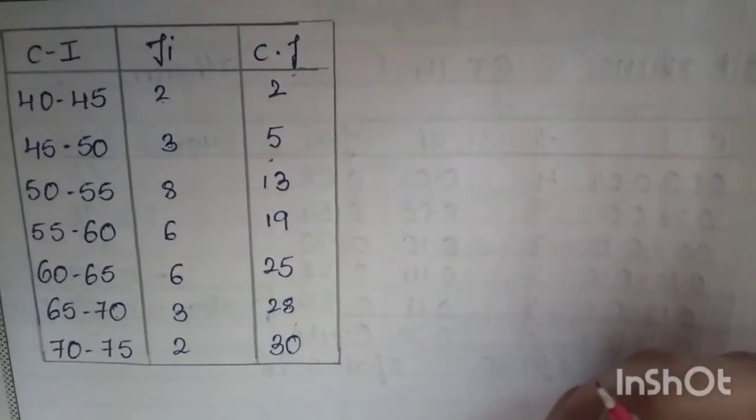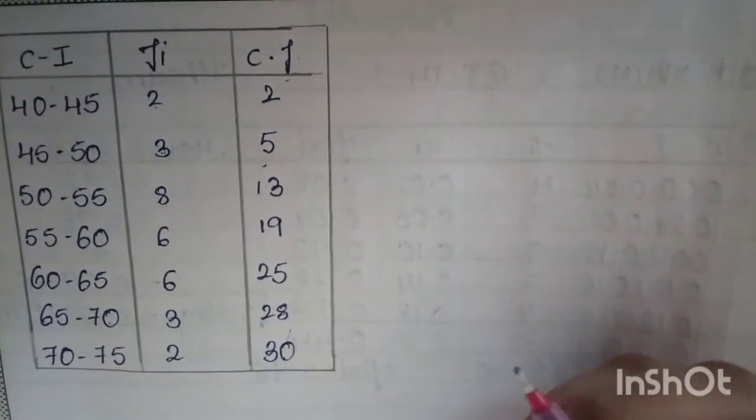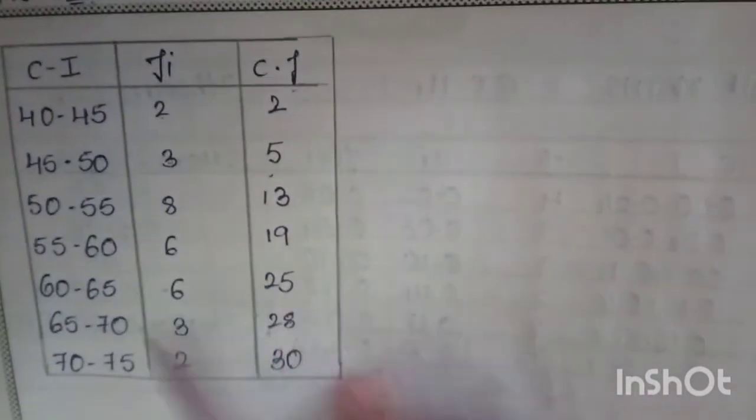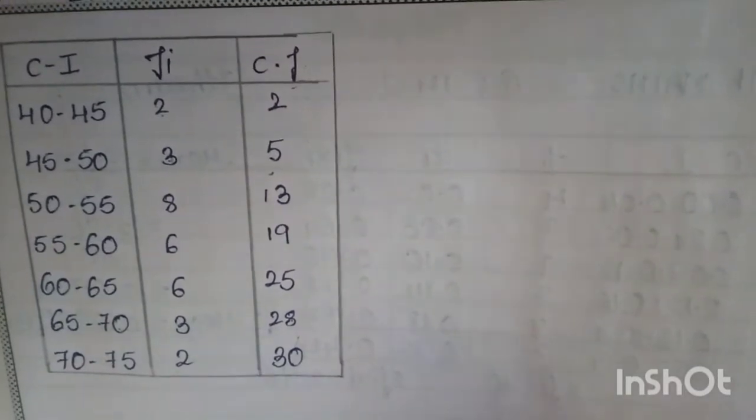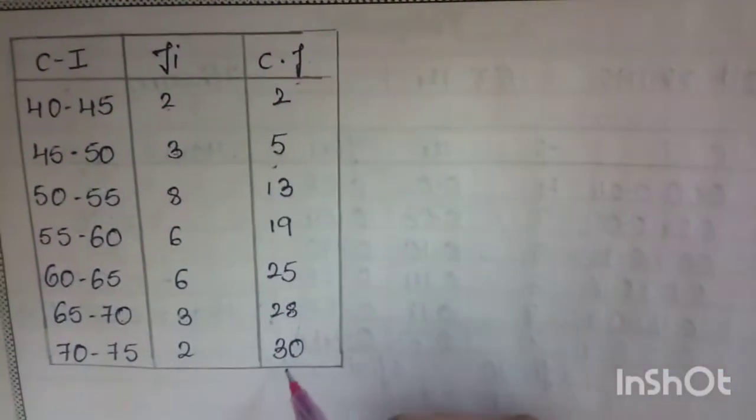Okay, so in this way you have to find the cumulative frequency. You are just going to add the frequency to the cumulative frequency. So 2 you write as it is, and then you add all these values in this way. Understood? So if you observe, friends, the addition of frequency will be equal to this 30.